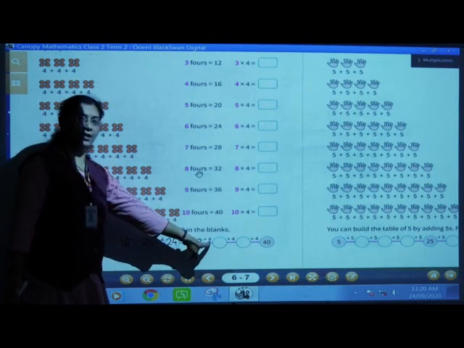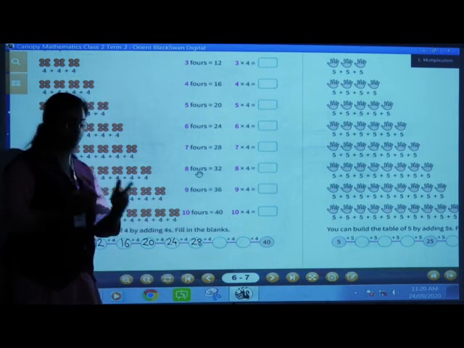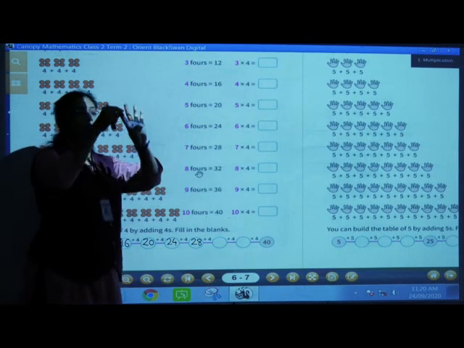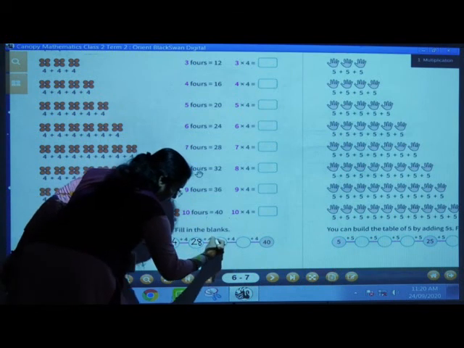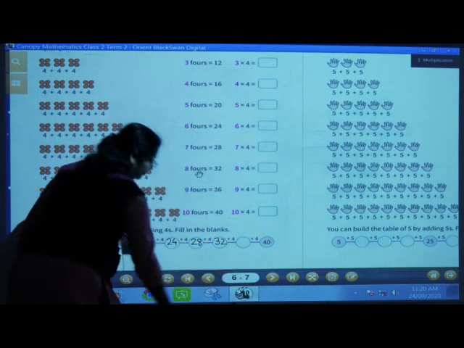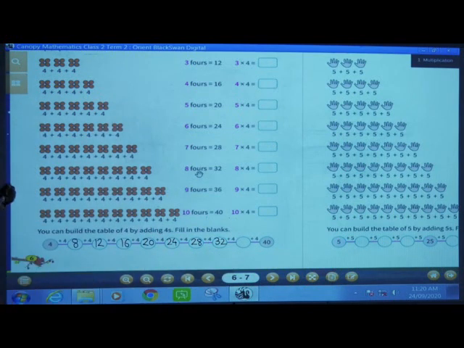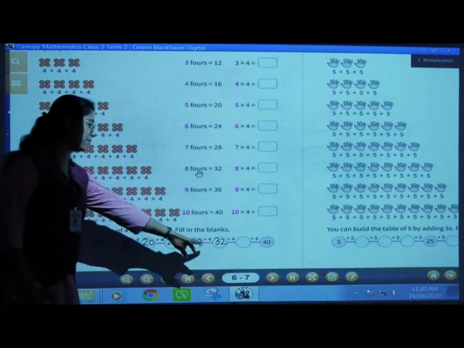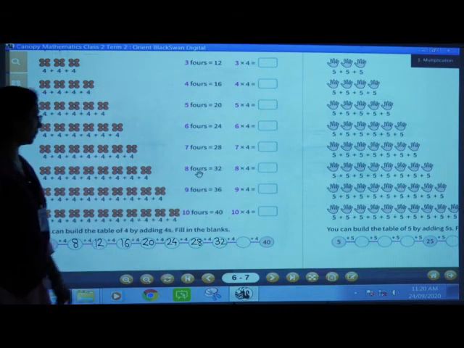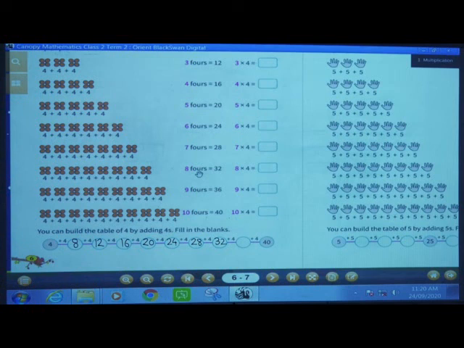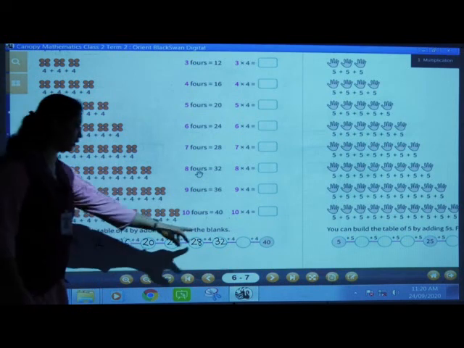Again we have to add this 4 to this 28. Means after 28, 29, 30, 31, 32. Means 8 times 4 added. Means 4 8s are 32.